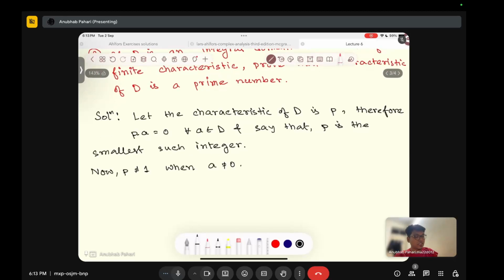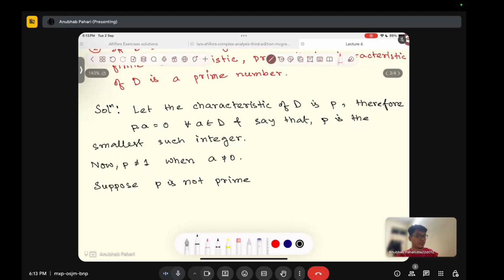So P can be any positive integer. So let's assume that P is not prime, because we want to prove that P is prime. If we assume that P is not prime, then let us see what happens.